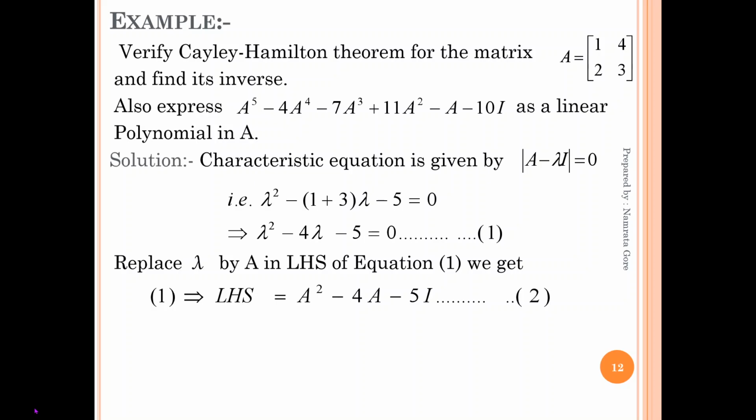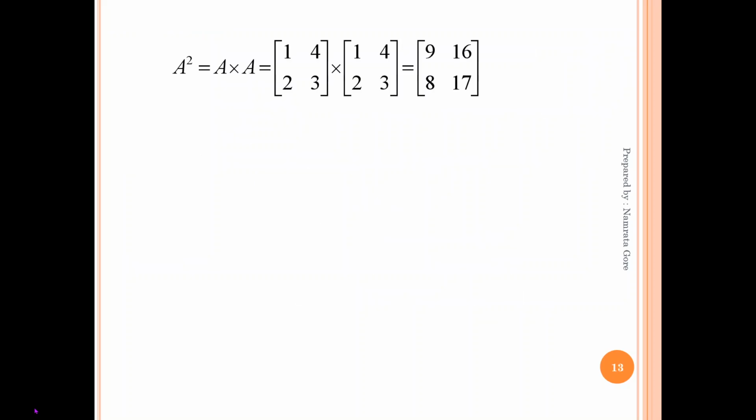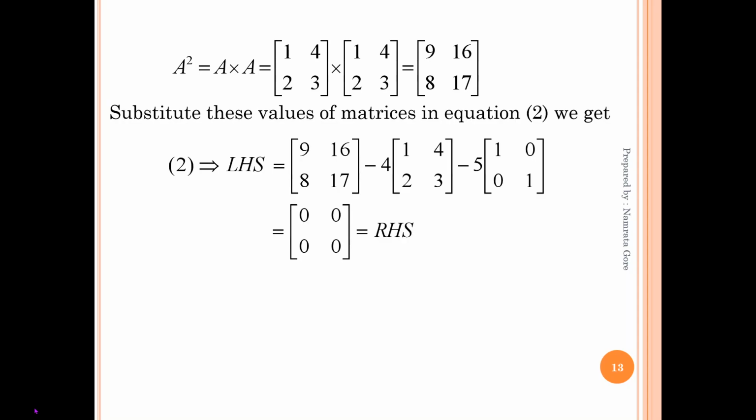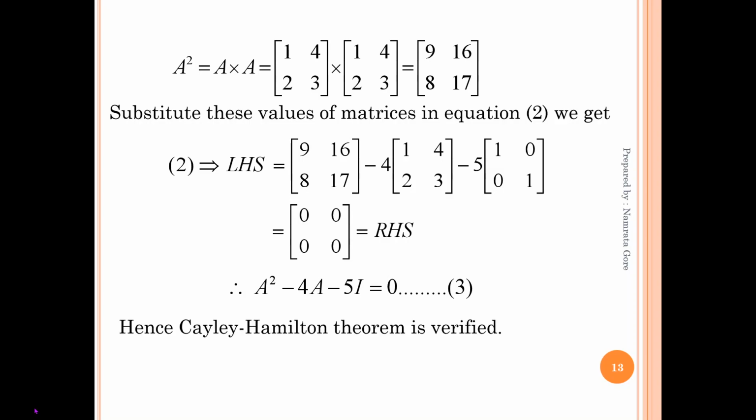Here the identity matrix will be of order 2. Substituting A square, A and I in equation 2, we get the right hand side as a null matrix, that is equal to 0. Thus here the Cayley-Hamilton theorem is verified for the 2 by 2 matrix.